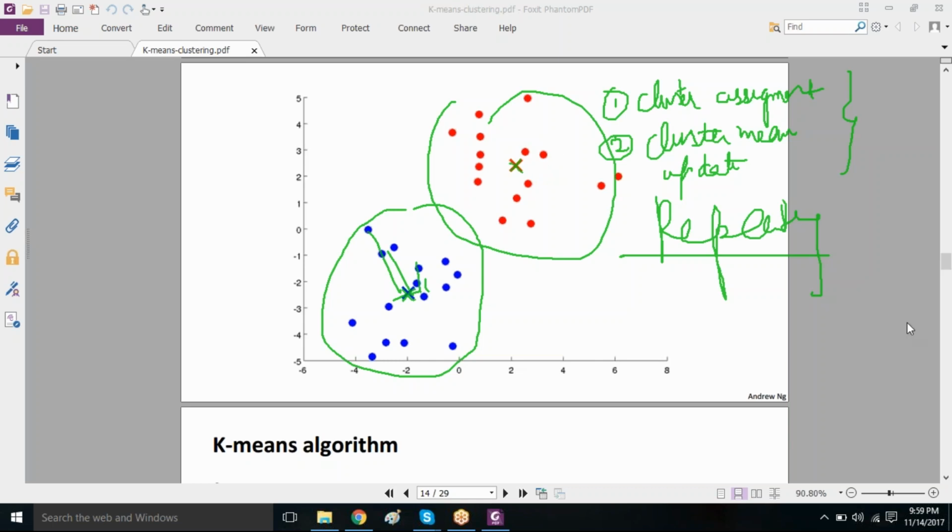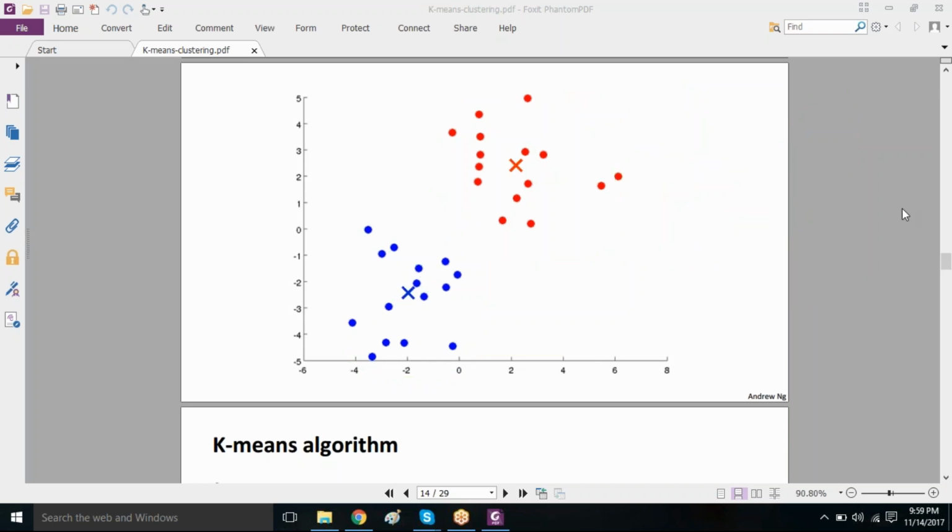So the whole idea is that you start with any random position, then do cluster assignment. Assign all the data points to the nearest cluster, whatever it will be.